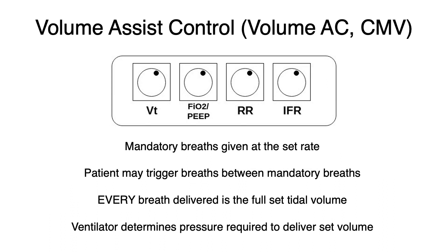So if you set the tidal volume to 500 milliliters, regardless of whether it's a mandatory breath or a patient-triggered breath or how hard the patient tries to breathe in, they will get the full 500 milliliters with every breath. The ventilator is calculating how much pressure to apply to deliver that set tidal volume. It's going to take your inspiratory flow rate into account, but it will decide on the pressures. That's not something that you have to determine.